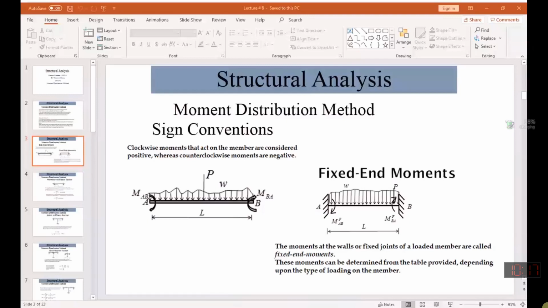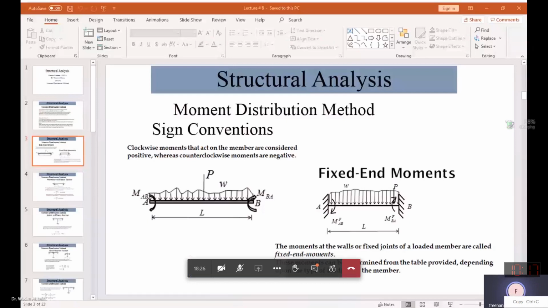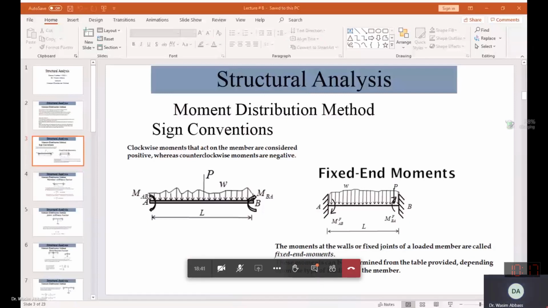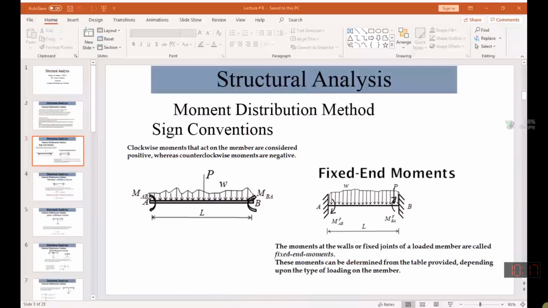Roll number 60. Roll number 61. 62. 61 present sir. What is your name? Fariha Nisar. Okay beta. Roll number 62. 63. Yes, sir, 63. What is your name? Saliha. 64. 65.